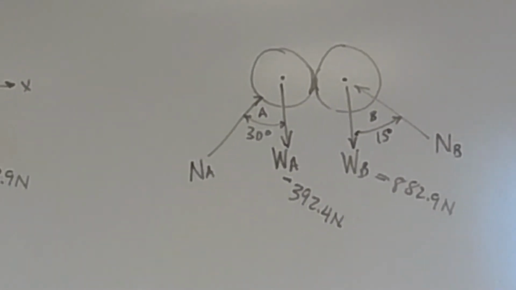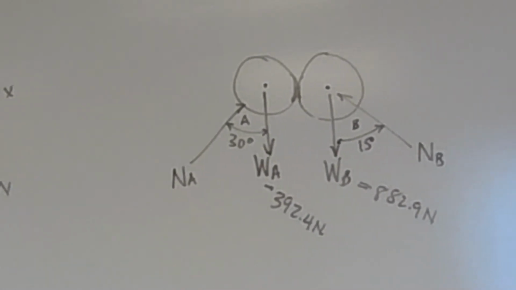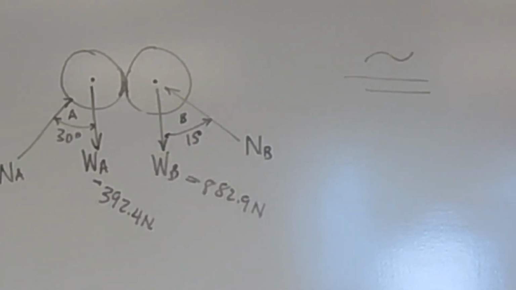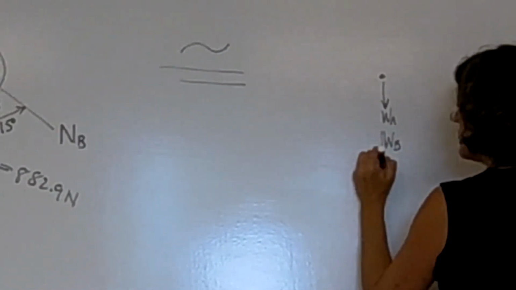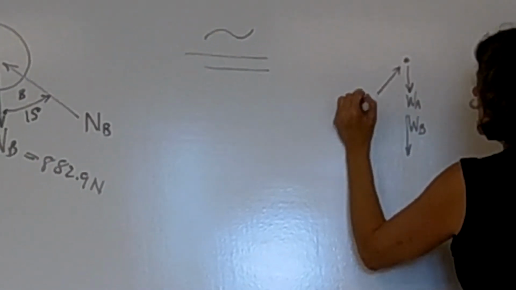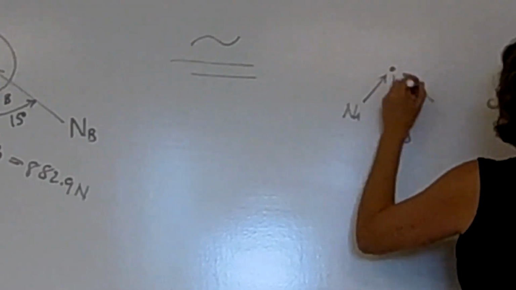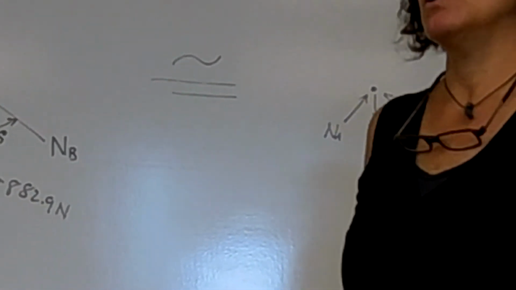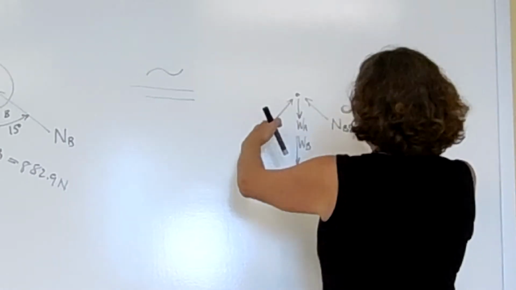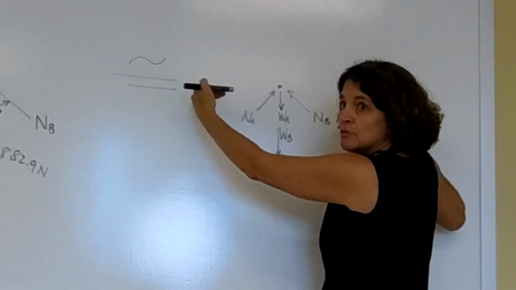So Haley, are you saying that we could just do this? Weight A, weight B, normal A, and normal B, and just get one normal too? You mean you could sum up the y's, and then you'd have two x's?